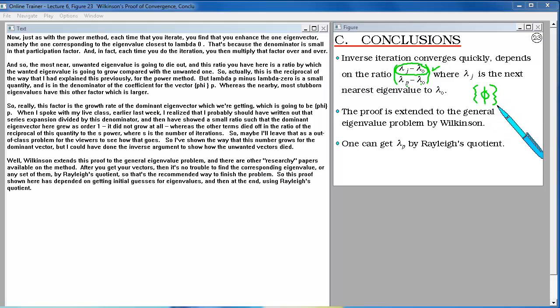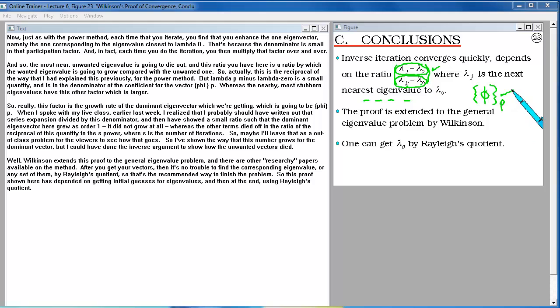When I spoke with my live class earlier last week, I realized I probably should have written out that series expansion divided by this denominator and then showed a small ratio such that the dominant eigenvector here grew as order 1.